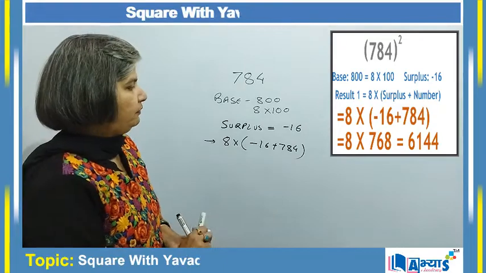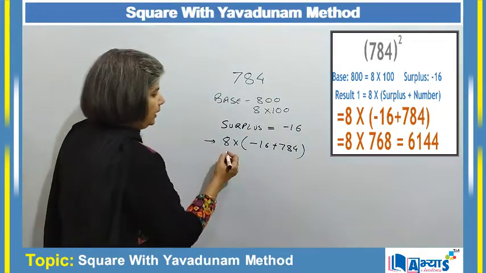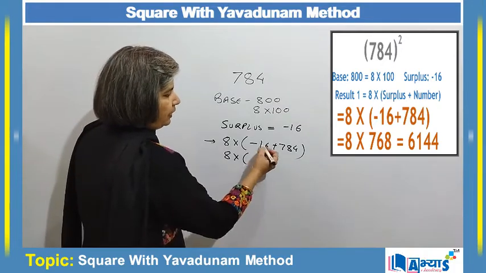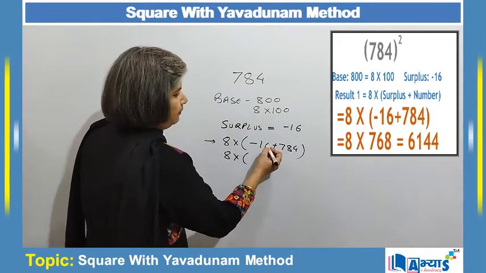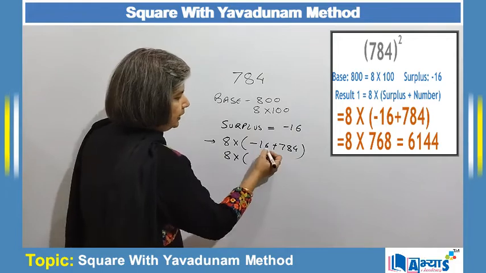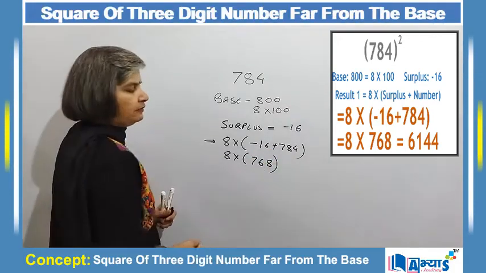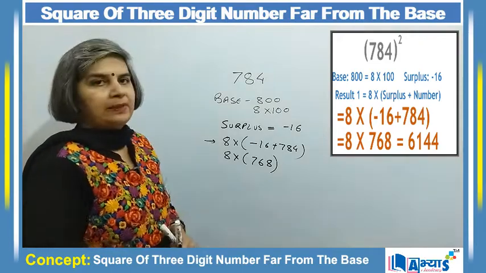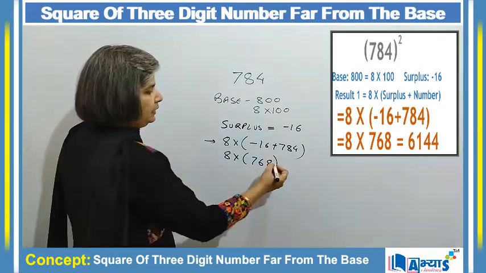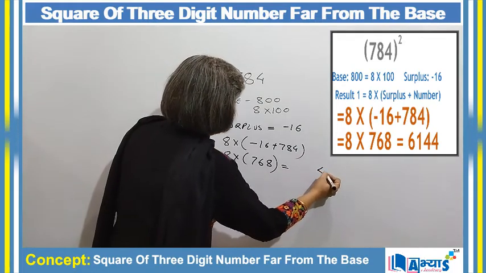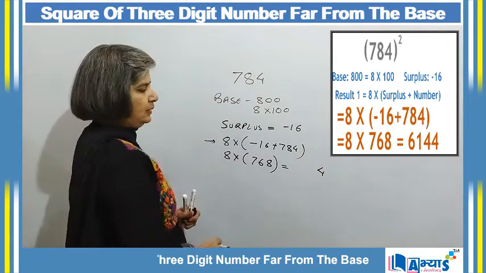So result 1 will be 8 into minus 16 plus 784. When I add these numbers, I get 768. Now when I multiply 768 with 8, 8 into 8 is 64, I write 4 and 6 is carry.